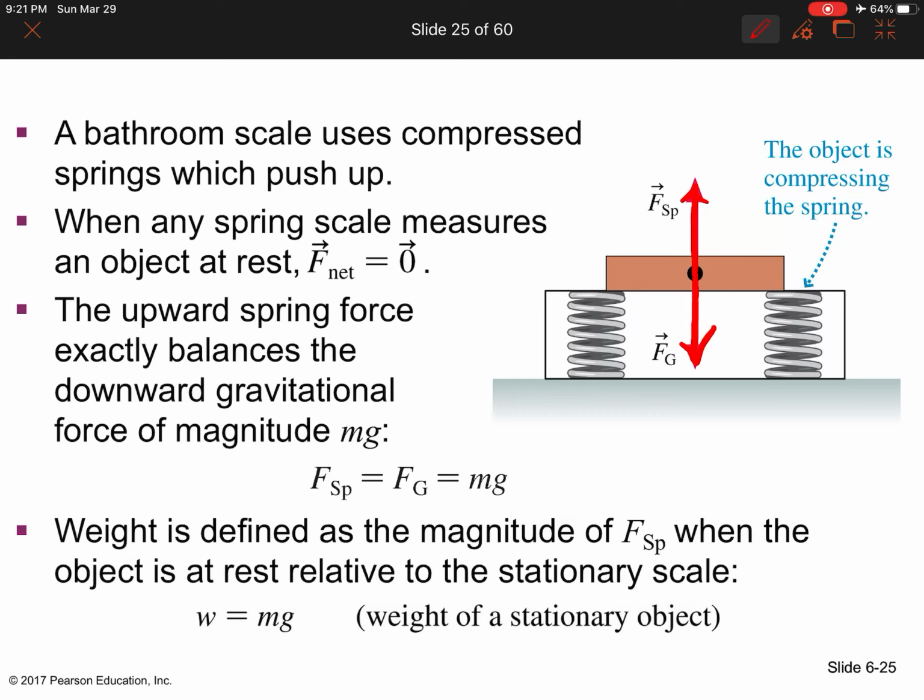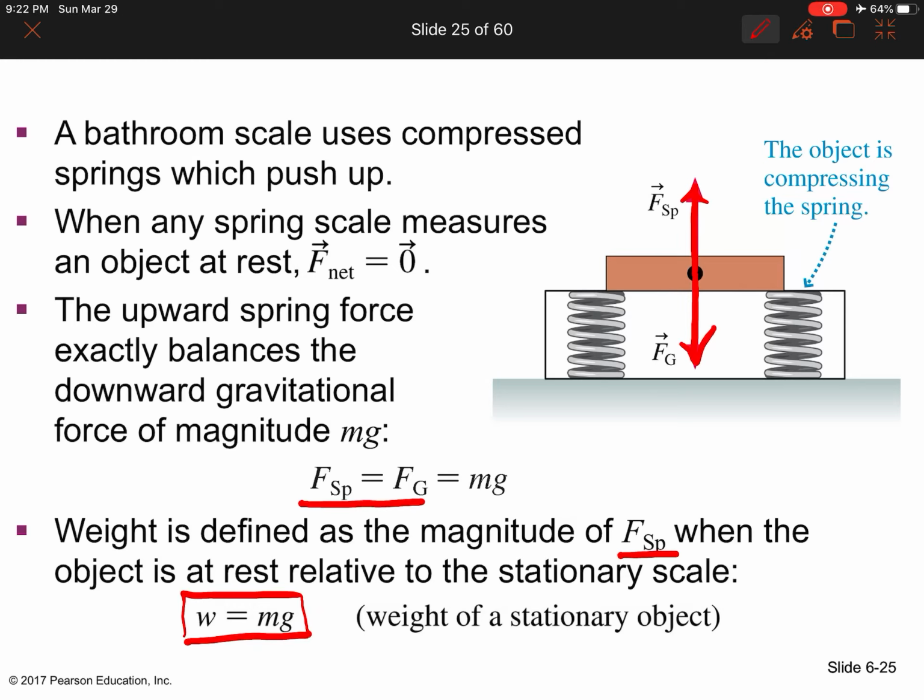So the upward spring force exactly balances the downward gravitational force. So these two things are actually equal. And weight is defined as the magnitude of the spring force. Those are equal when the object is at rest, which then gives you that it's equal to mass times gravity.